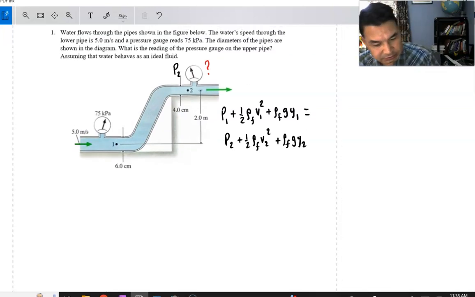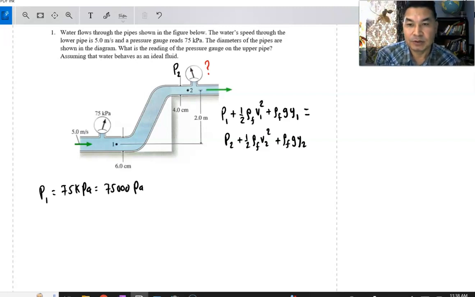Let's list all the variables. P1 is 75 kPa, and it's 75,000 Pascal, since a kilopascal is 1,000 Pascal. Even if it says gauge pressure, you can just keep it in gauge pressure. You don't need to convert into absolute pressure, because if you keep P1 as gauge pressure, your P2 will automatically be gauge pressure.